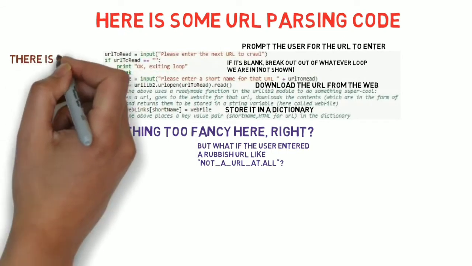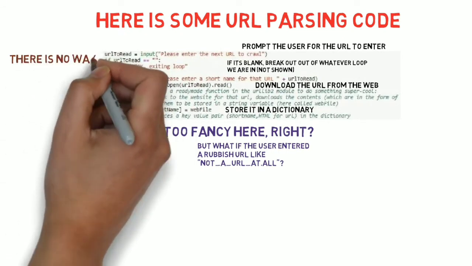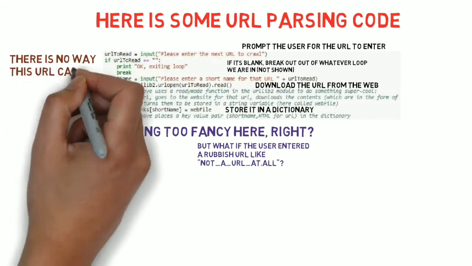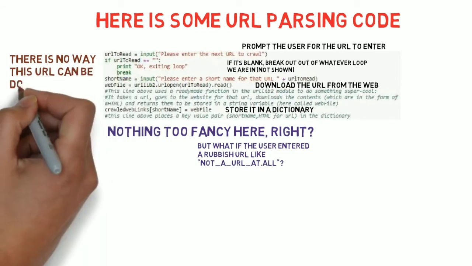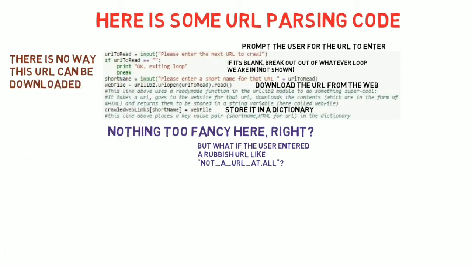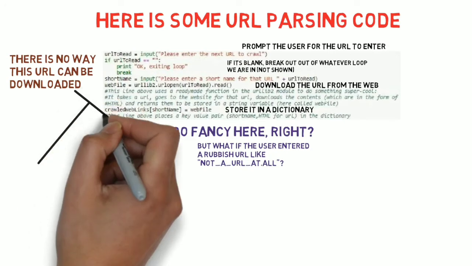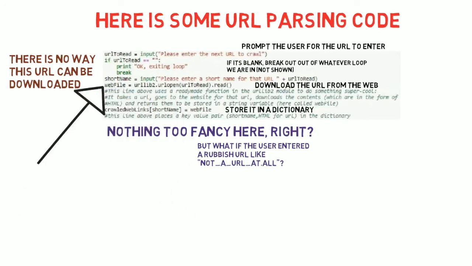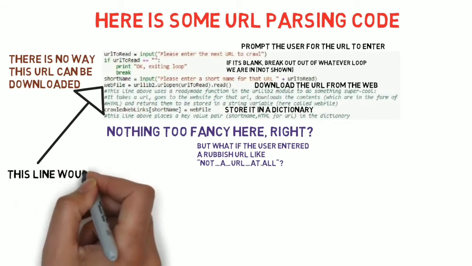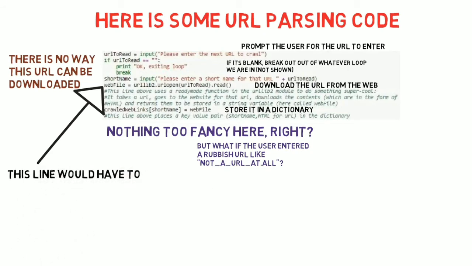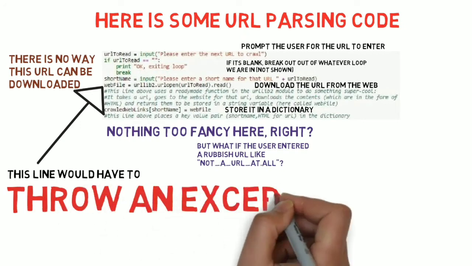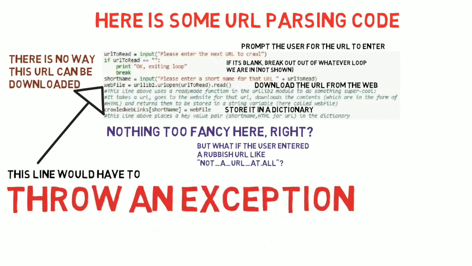There might be a typo or a spelling error, and they might enter a URL that doesn't exist at all. There's no way this URL can be downloaded. So this particular line where you're telling the program to hit the URL and download it will throw an exception.